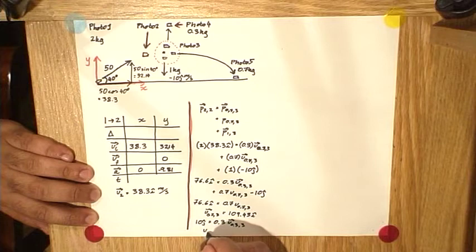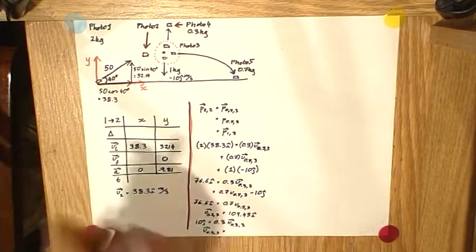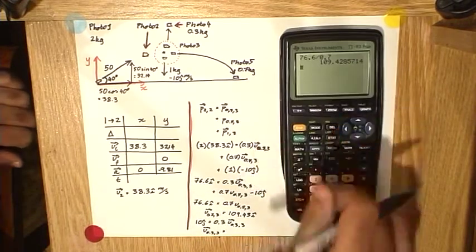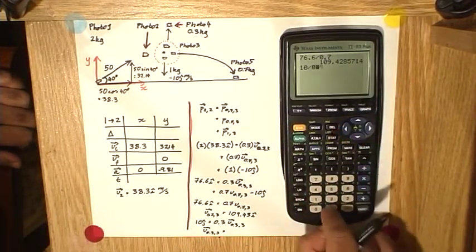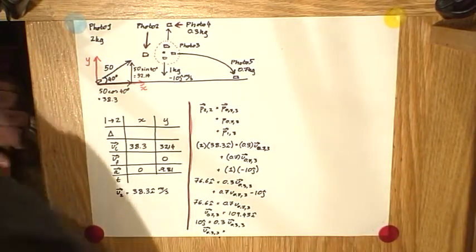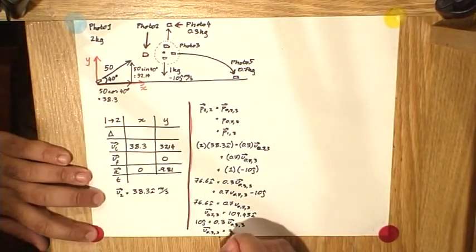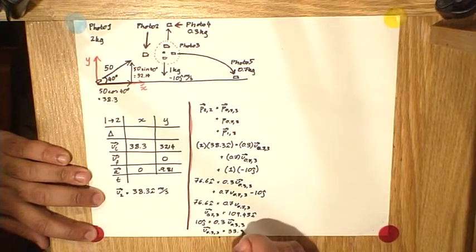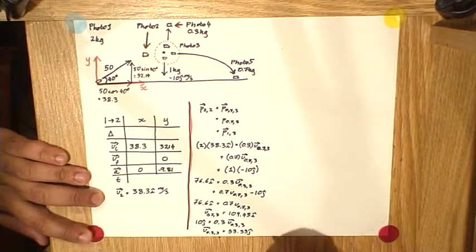So the velocity of the 0.3 kilogram object in photo 3 must be equal to 10 divided by 0.3, which is 33.33 j hat.